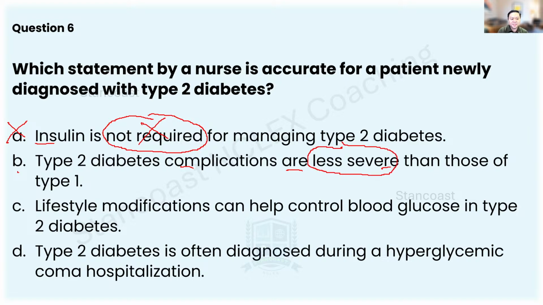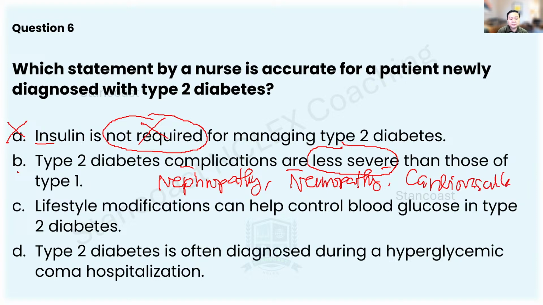Again, the same complications will arise. Nephropathy, which is going to involve the degradation of kidney function. We also have neuropathy, which can impair the function of the nerves, either autonomic or peripheral neuropathy, and also cardiovascular issues. Could be atherosclerosis, hypertension as well. All right, so this is incorrect.